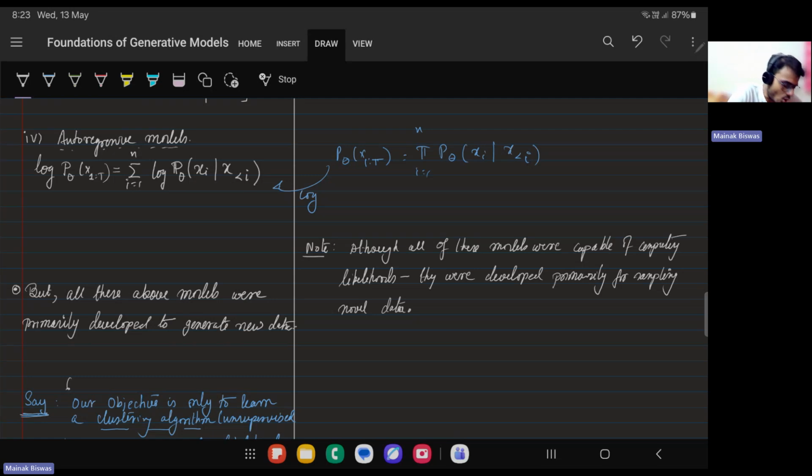So therefore, often, if we just require likelihoods, the additional overheads of generation may not be required.